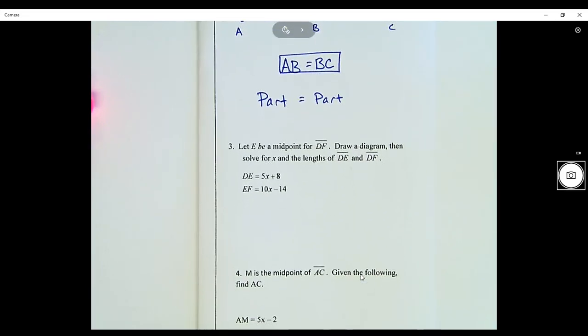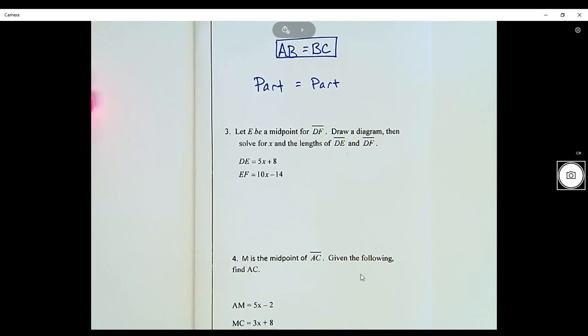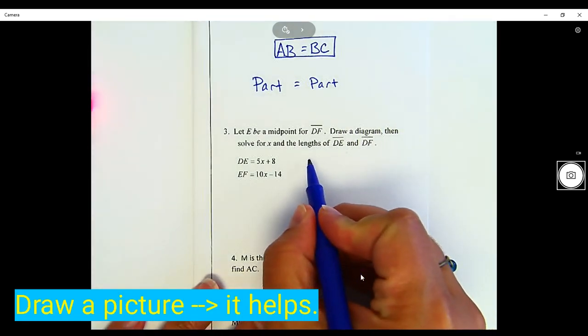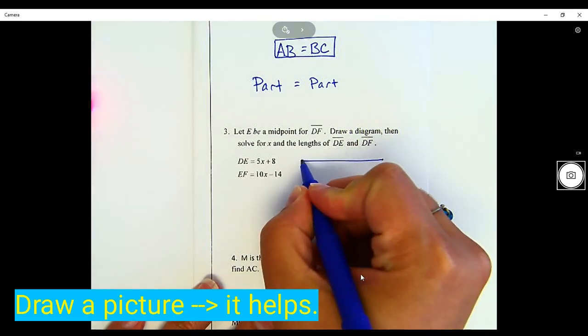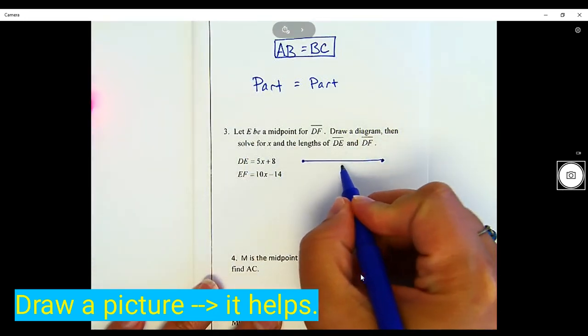In number 3 here, it says, let E be a midpoint for DF. Draw a diagram and then solve for x and the lengths of DE and DF. Okay, so I'm going to draw one line segment and label the points. E is a midpoint.